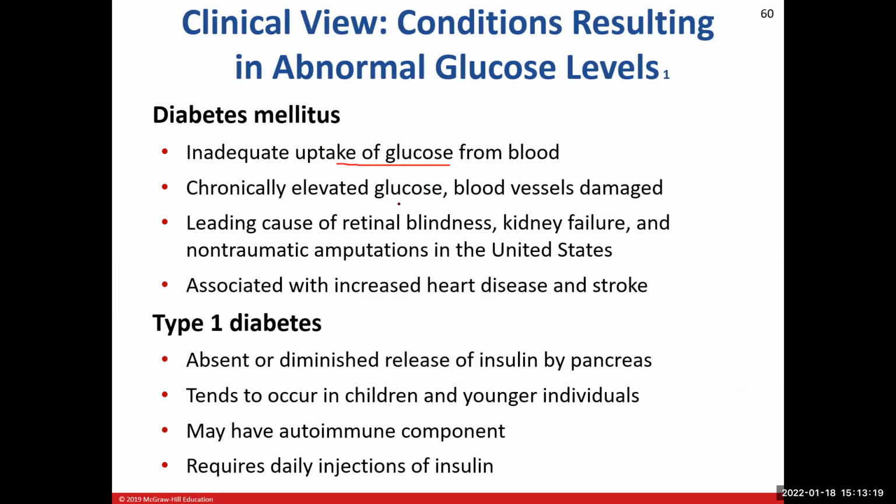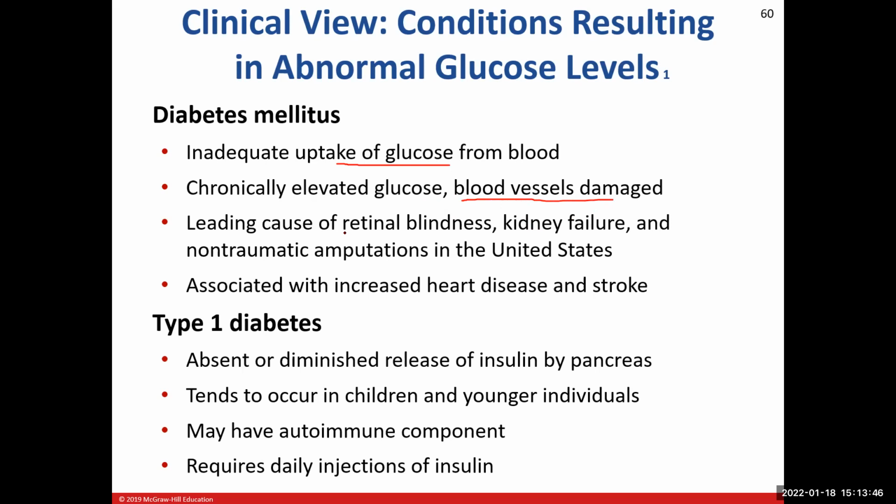So of course you'll have elevated blood glucose levels, and as time goes on, those blood vessels start to get damaged. The nervous tissue starts to get damaged. You might have heard of diabetic neuropathy. Long-term chronic exposure to elevated blood glucose levels will cause this type of situation.